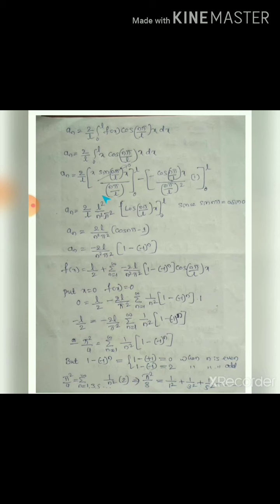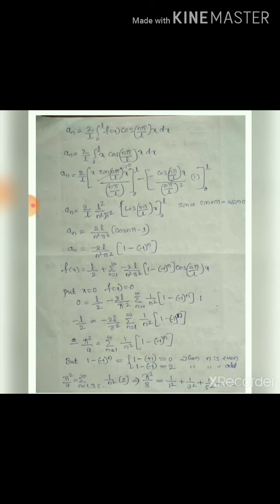and keep u as it is. Then integrate cos n pi by L x, which gives sin n pi by L x divided by n pi by L, and limits range from 0 to L. Minus the integral of the derivative of u times the integral of v. Integrate one more time, so that we get the integration of v. Therefore, minus of, integration of sin is minus cos.